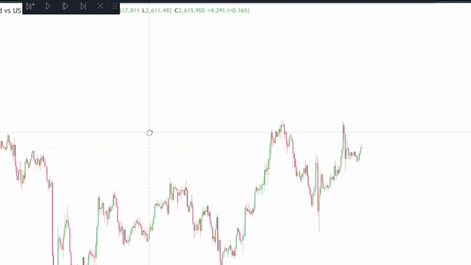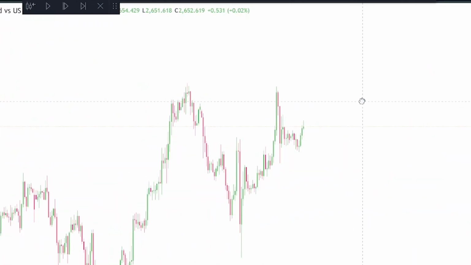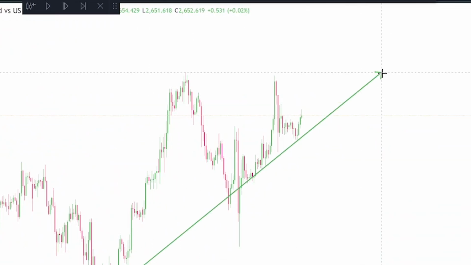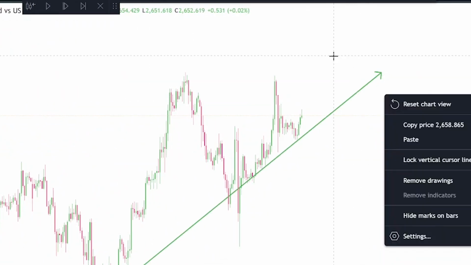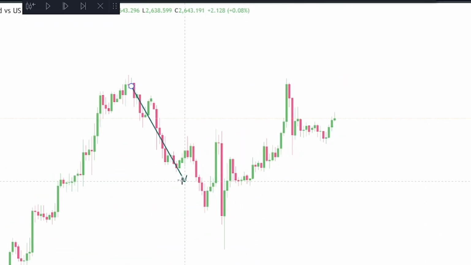Here we have the market that is in an uptrend. So we have the creation of the double bottom. From this area, we made a higher low, then lower high, lower low, and then a higher high by breaking the previous high.